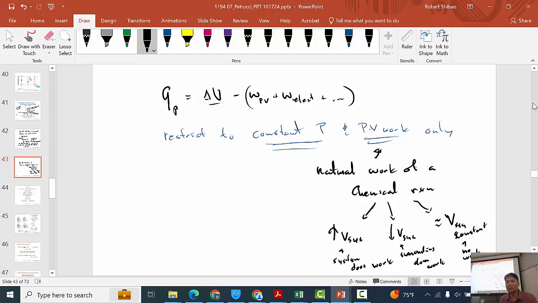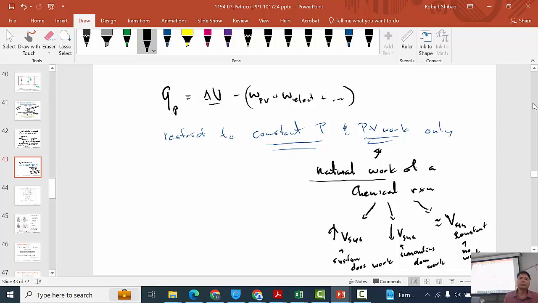It's 50 plus 50, 100 milliliters at the start, and then we have 100 milliliters at the end. And so this is a case where we could do it under constant pressure, and there's no expansion. In other words, there's no natural work of a chemical reaction happening in that particular scenario. And so no work is done.